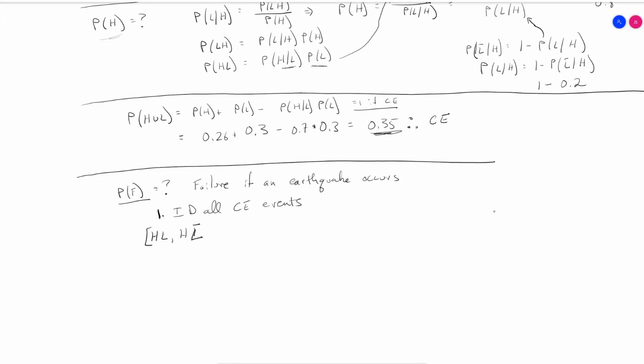And then we can have low magnitude or low intensity, long duration, and then low intensity, short duration. And then once we've identified all those events, these are all the possible outcomes, given how we've defined this problem, now we can apply the theorem of total probability.